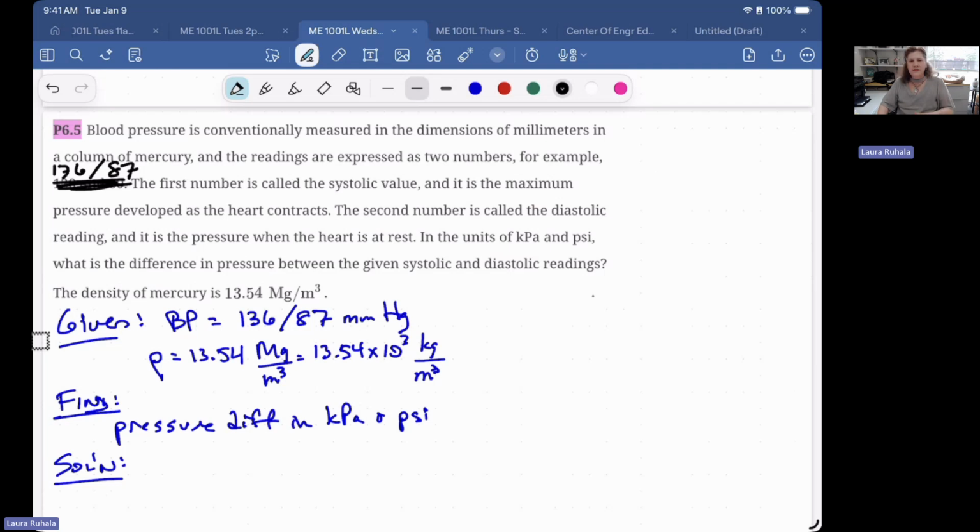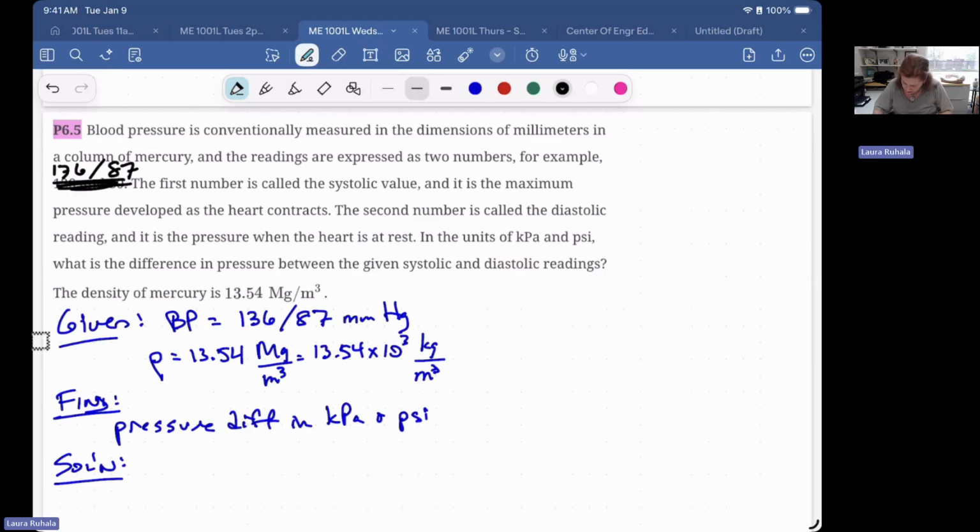So let's pretend it's like an old blood pressure cuff. I don't know if you've seen this in the doctor's office. There's like a column about the size of my Apple Pencil on the machine, and they pump it up, and then you can see the mercury rise, and then they slowly let it go, and it drops down, and they read the systolic, and then it drops down more, and they read the diastolic.